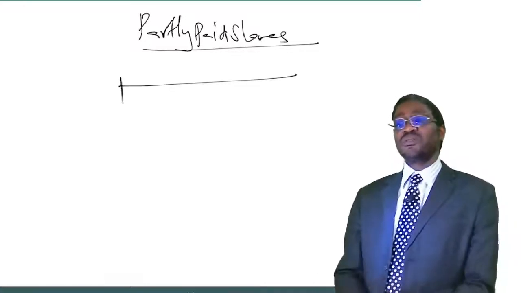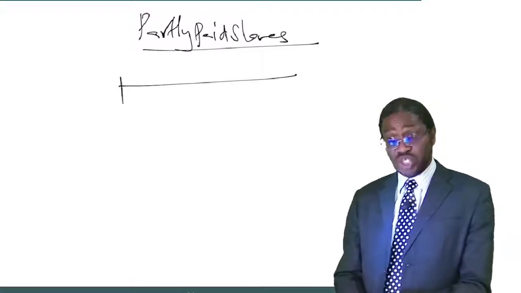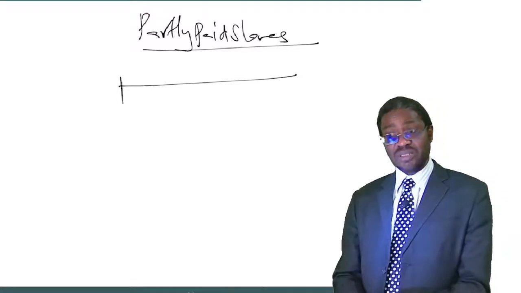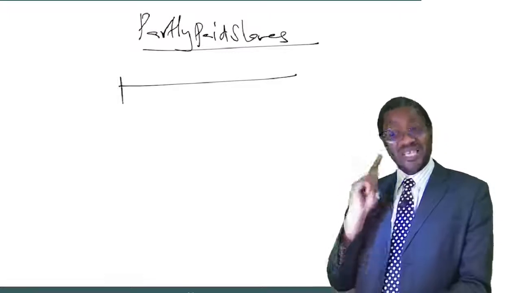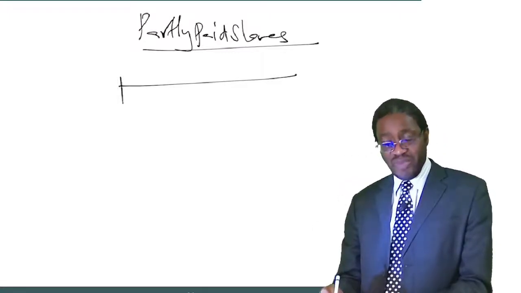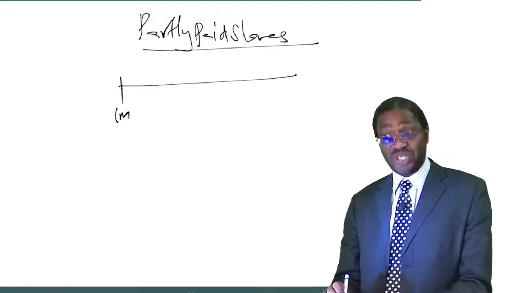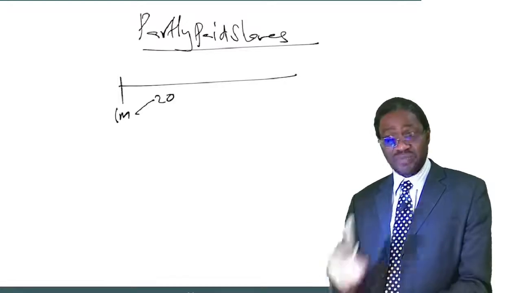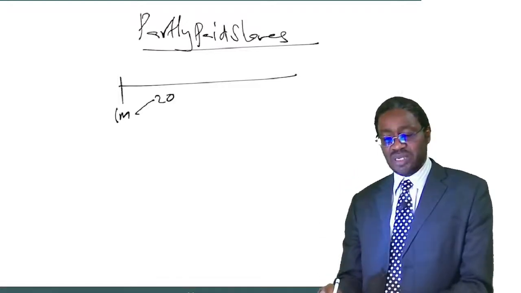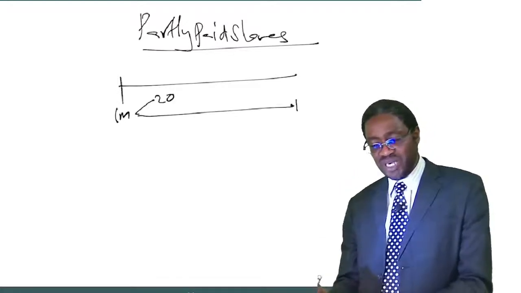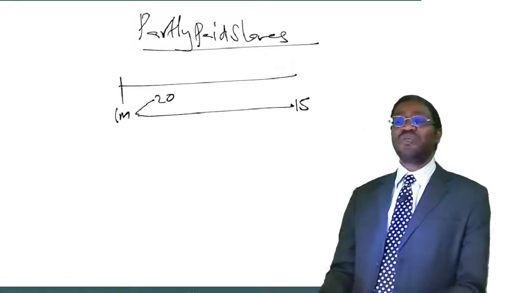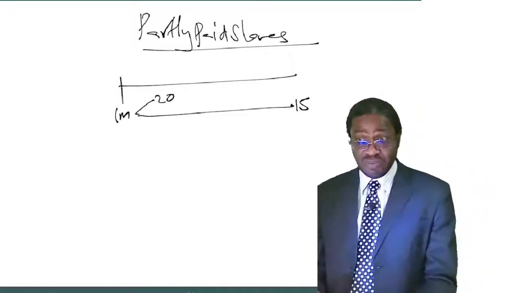Your company had issued 1 million shares on 1st January for 20 shillings, but come the end of the year, the company had only been paid 15 bob.